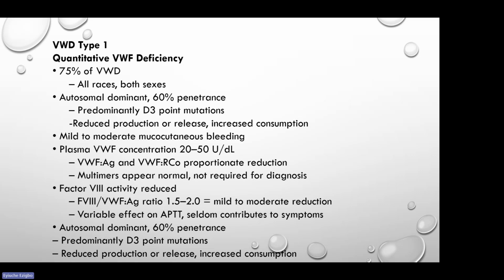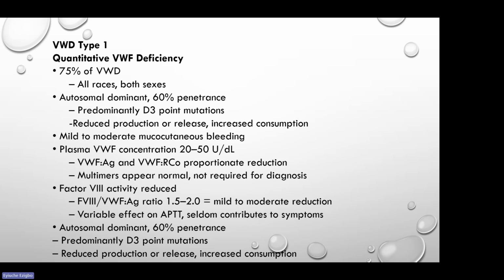Plasma von Willebrand factor concentration is 20 to 50 units per dl. Von Willebrand factor antigen and ristocetin cofactor show proportionate reduction. These are functional assays of von Willebrand factor. Multimers appear normal, not required for the diagnosis of type 1 von Willebrand disease.